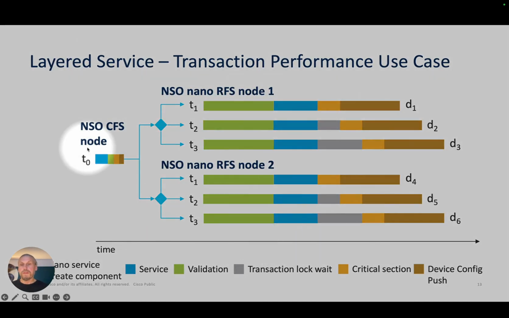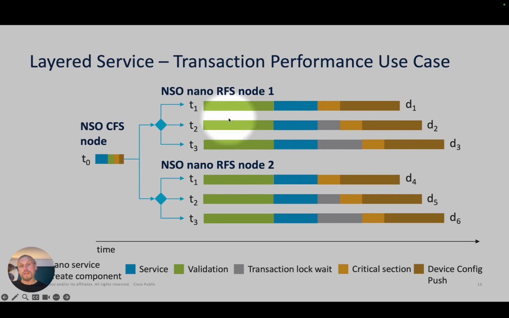When we have a customer-facing service, then we can have that running in its own node in a layered service architecture setup, an LSA setup, where we have one node with a customer-facing service, and then 2 or more nodes with a resource-facing service. Here in this picture, we have 2 resource-facing service nodes running NSO. Each of these is running on its own processor. This is definitely multi-core processors.